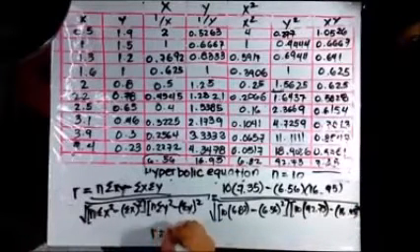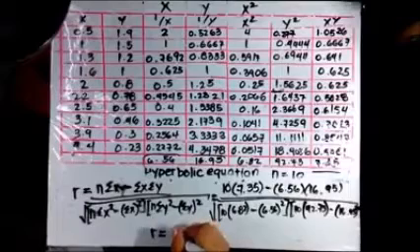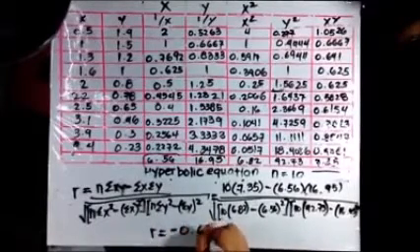We can get the value of r, which is negative 0.63.